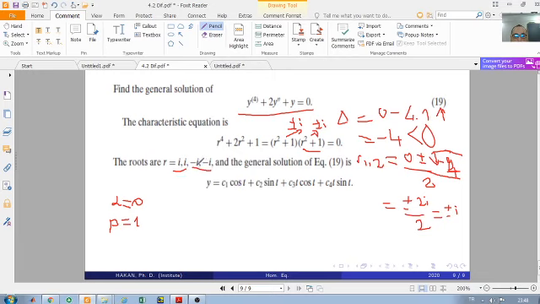Since it is repeated 2 times, the last 2 special solutions can be obtained by multiplying by t. C3 times t cosine t, C4 times t sine t, since the complex root plus minus i is repeated 2 times.